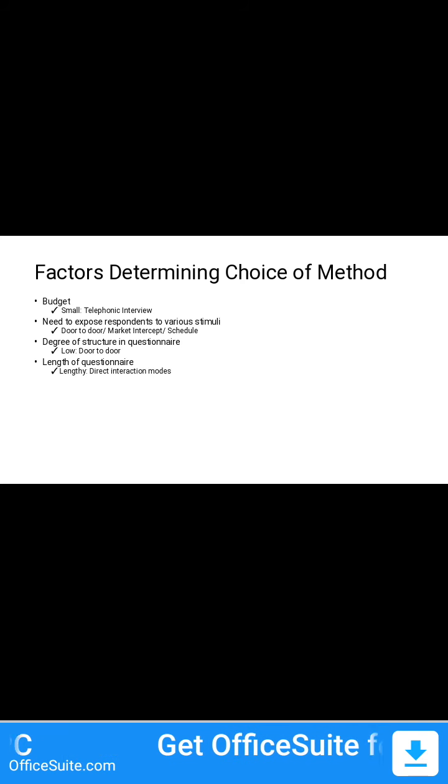Now, third is the degree of structure in the questionnaire. What do we mean by degree of structure in the question? We have already seen same questions, same sequence, and same type of questions means highly structured questionnaire. If the degree of structure is low, you can go for door to door surveys.